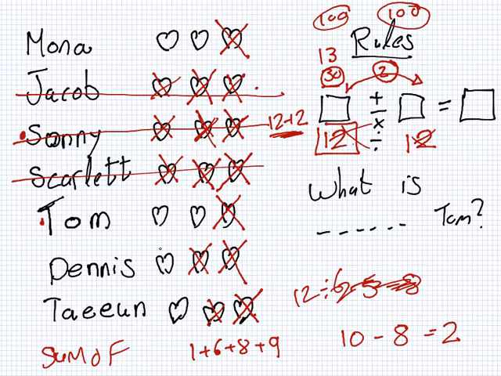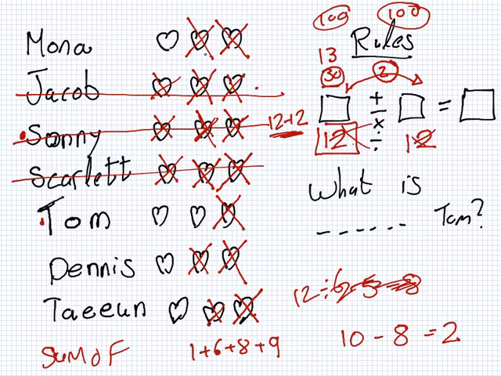Go on, Tom. What is 3 into 93? You have the same problem as Tom, not listening. Okay, go ahead, Mona. What is 95 into 95? She didn't ask anyone. Dennis won.